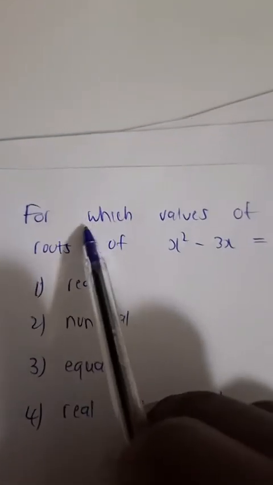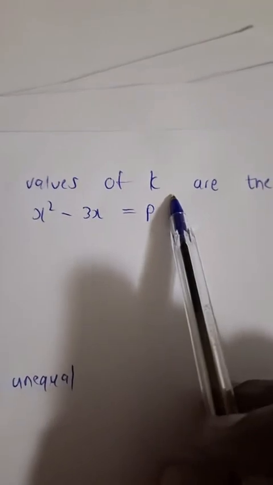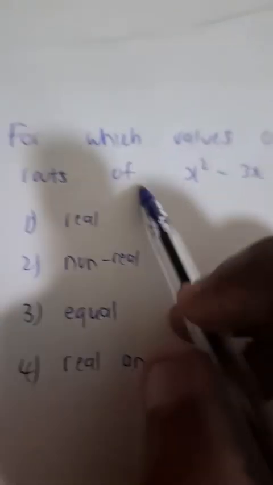So I just want us to walk through this. They are asking us for which values of, let's just be consistent here, let's say they say for which values of p are the roots of x squared minus 3x. Okay, sorry about the blurriness.